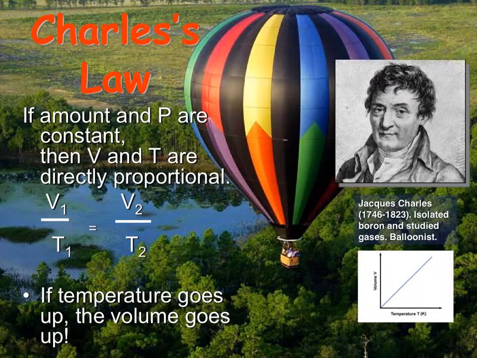This is always the way a graph of a direct relationship will look, and you probably recall that from math as well. So, the equation for Charles's law is V1 over T1 equals V2 over T2, where the ones are the original conditions and the twos are the changed condition.